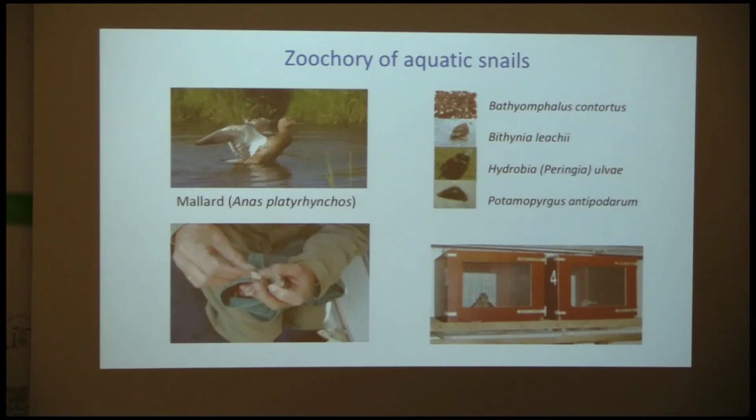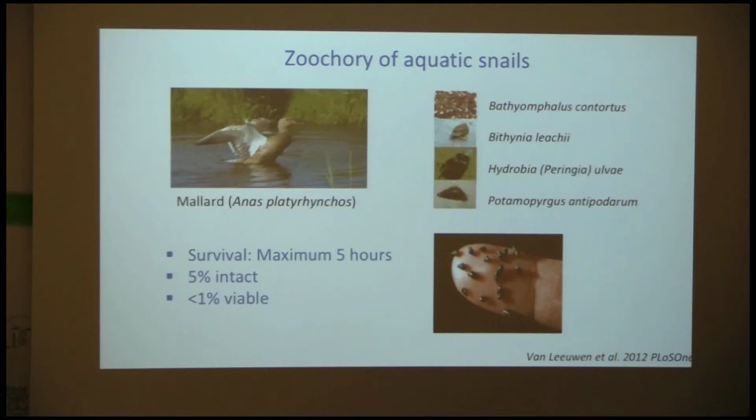We force-fed the mallards with these snails. And indeed, we found that even these aquatic snails, one of these species, Peringia ulvae, can actually survive the digestion of a bird. After 5 hours, we still found these living snails, suggesting that even a whole organism, a snail, can survive the digestion of birds.